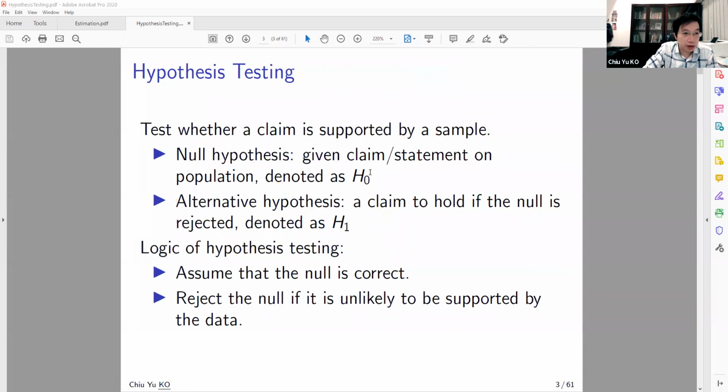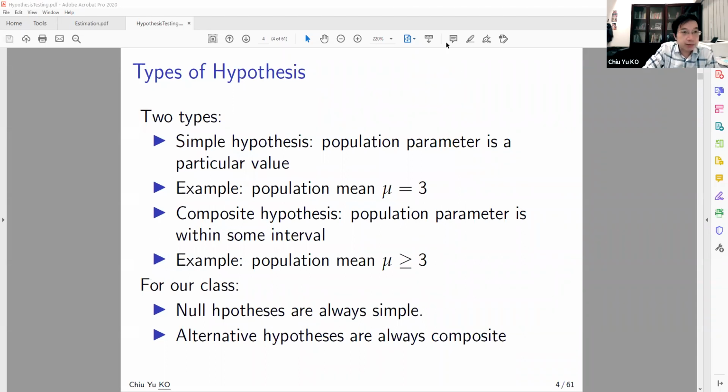So there are two terminologies: H null or H0, and H1 or HA, the alternative. Now, let's see the types of hypothesis. There are two types. One is called simple, one is called composite. Simple is more like a point estimate: we're saying a particular value, a point.